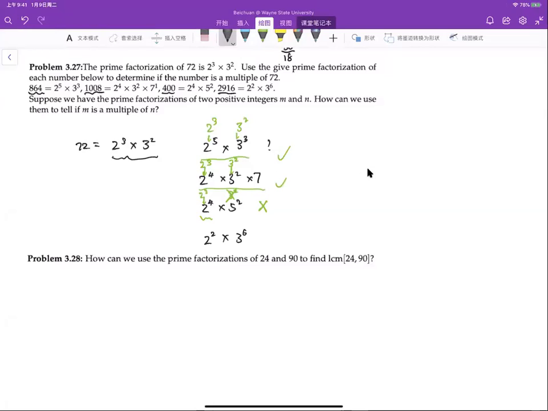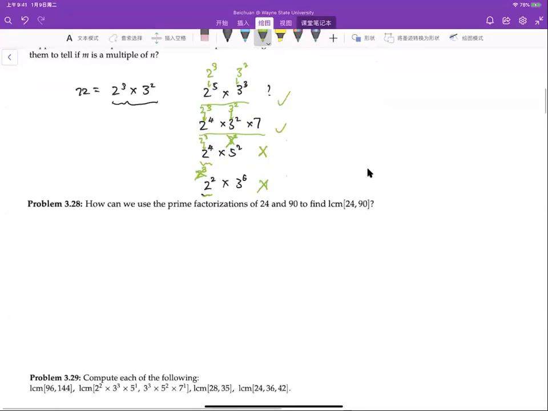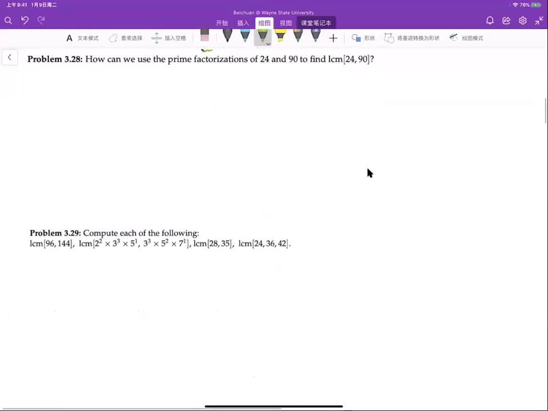Oh, good. Because it only has a 2 squared, right? So it's smaller than 2 cubed. So that means it's not a part of the factorization of 72. So this number is not a multiple of 72. All right, good.